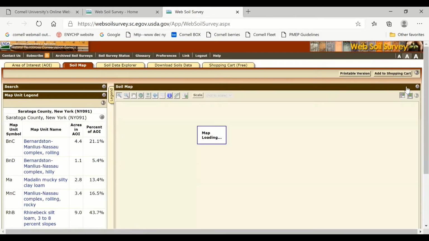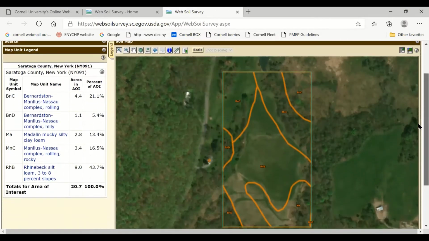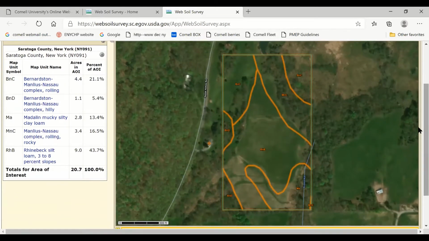Click the soil map. I feel like we did do this now that I'm remembering it. So anyway, here we go. And this is probably about a 10-acre piece, maybe not even. And look at all the different soil types that you have. You have this Rhinebeck silt loam, which is the predominant soil type.